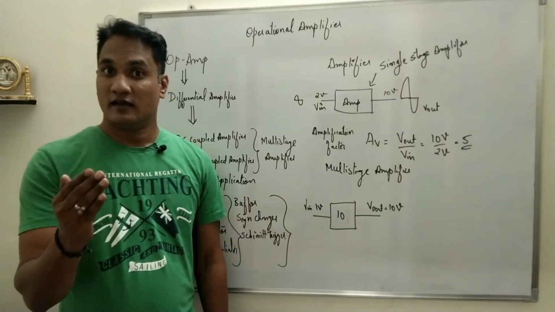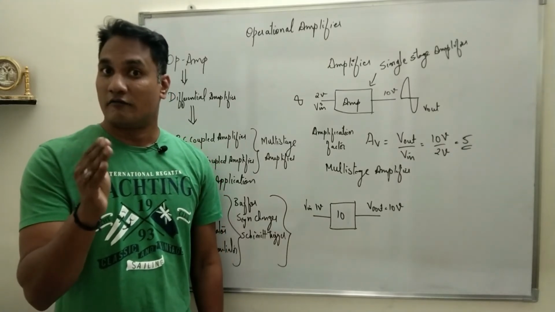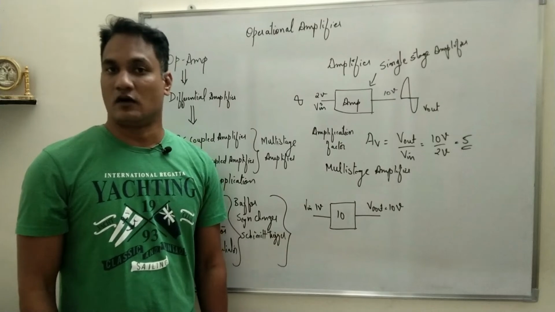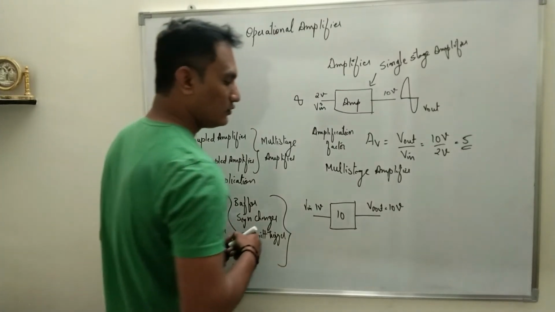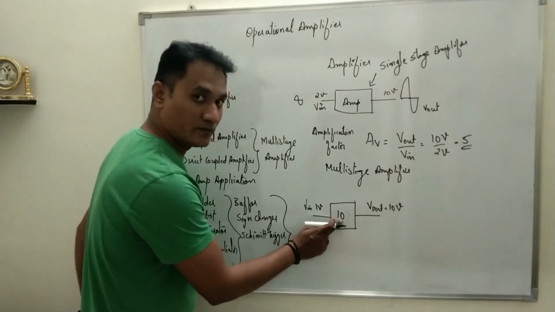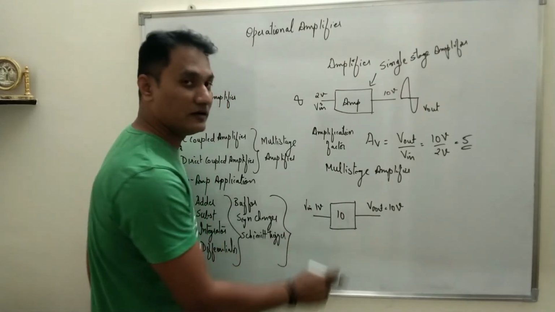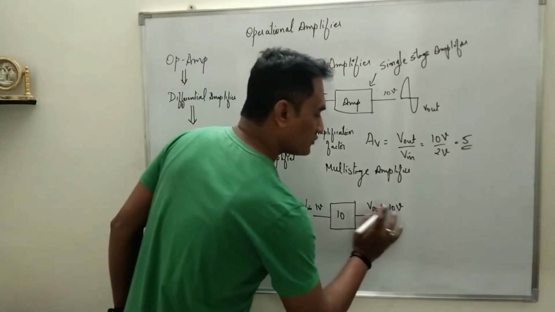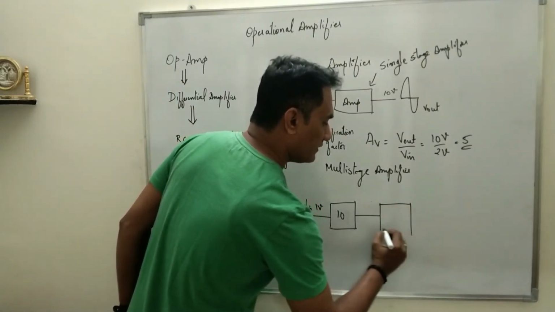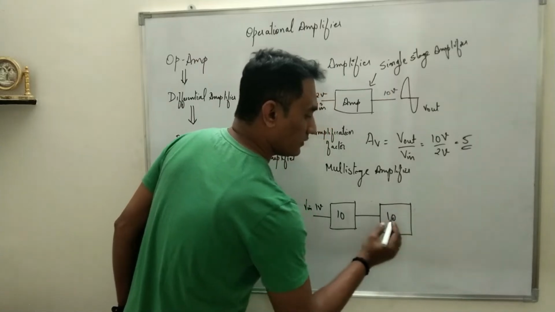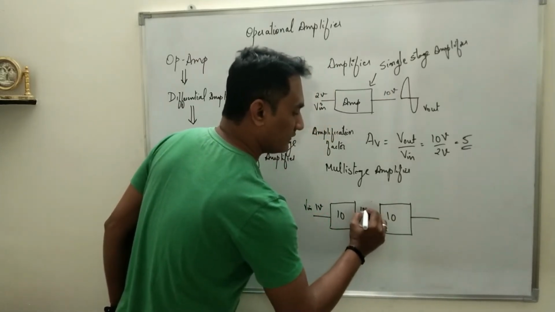As I said, sometimes the gain of one single stage amplifier is not enough, so we use multi-stage amplifier. So what I can do is, of course I cannot increase the gain, but I can design one more amplifier with the same gain. So if I design one more amplifier with the same gain, here at the output I will get 10 volt.